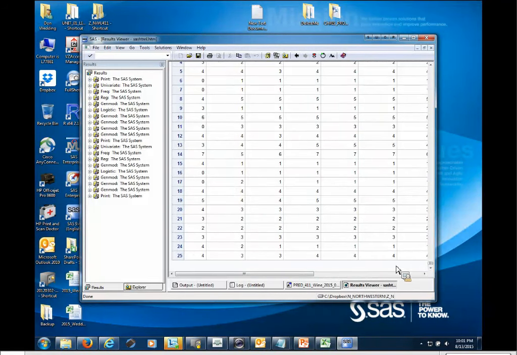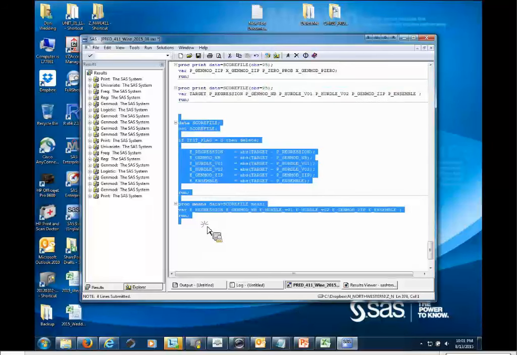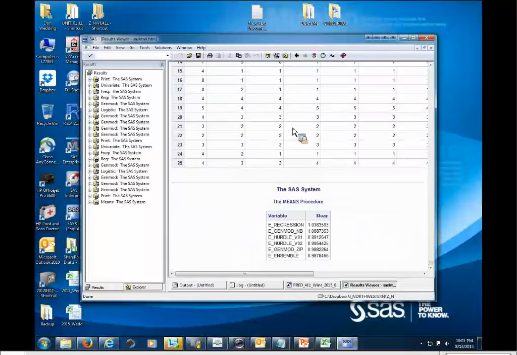And then when I finally predict all of the errors, you can see that the regression was off, on the average, by 1.03 cases of wine. My negative binomial was off by one case and some fraction.